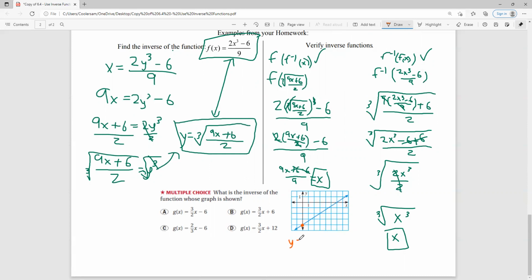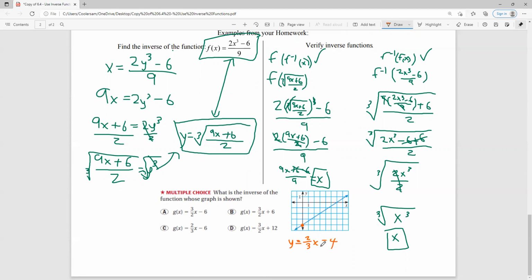So it's going to be y equals, what's the slope? 1, 2, 3, 1, 2. So it's going to be 2 over 3 x minus 4. So this is my function.